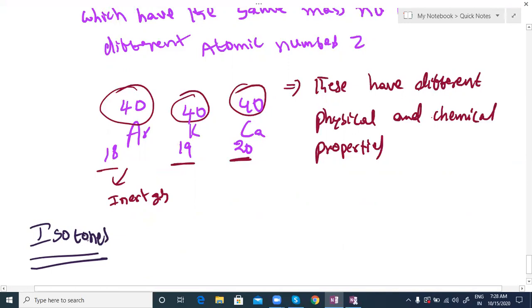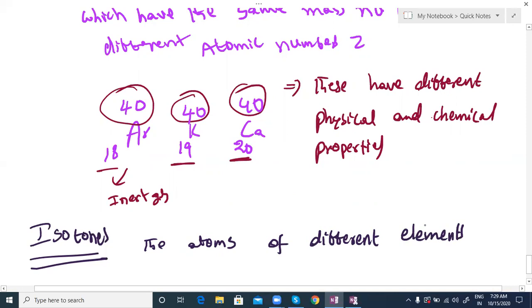You can write it: the atoms of different elements which have the same number of neutrons.